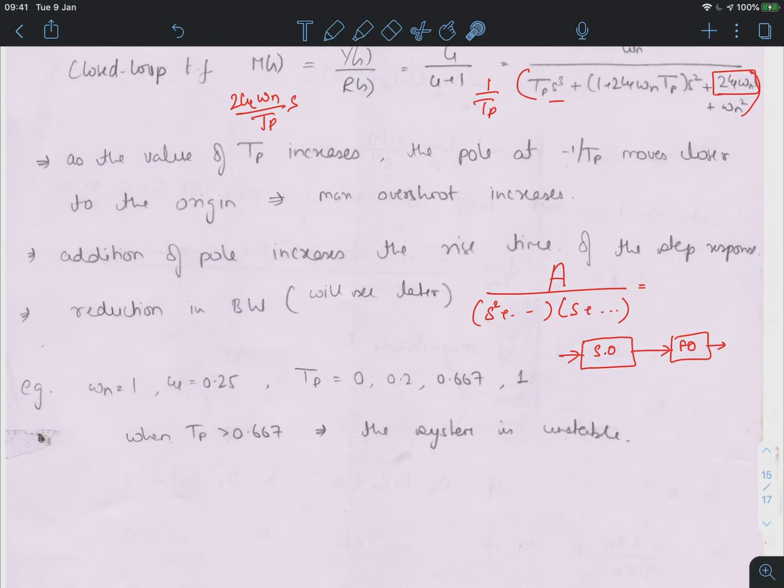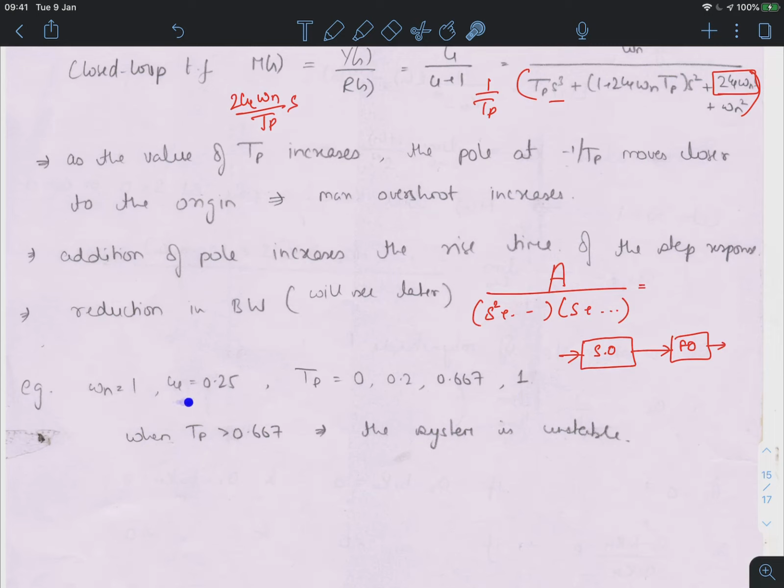You can take this as a homework problem where you have omega n equal to 1, xi equal to 0.525, and tp with four different values: 0, 0.2, 0.667 and 1.